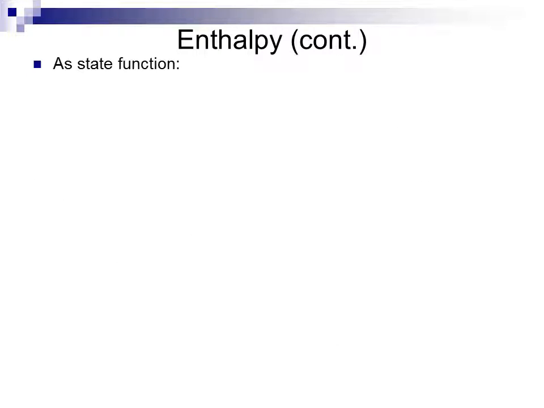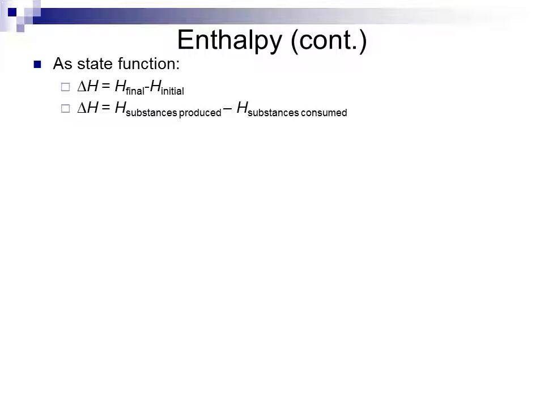Now, enthalpy as a state function can be expressed as the change in enthalpy being equal to the enthalpy of the final state of the system minus the enthalpy of the initial state of the system. Thus, change in enthalpy is also the enthalpy of the substances produced minus the enthalpy of the substances consumed.